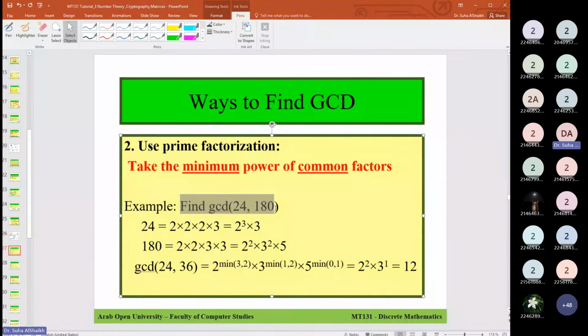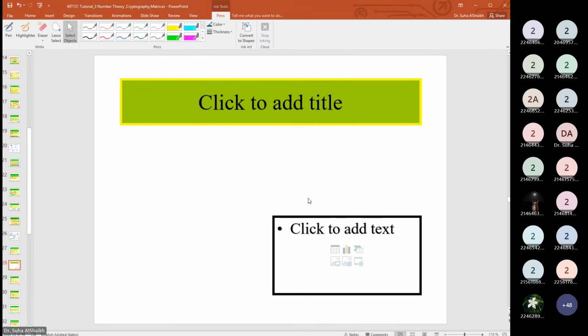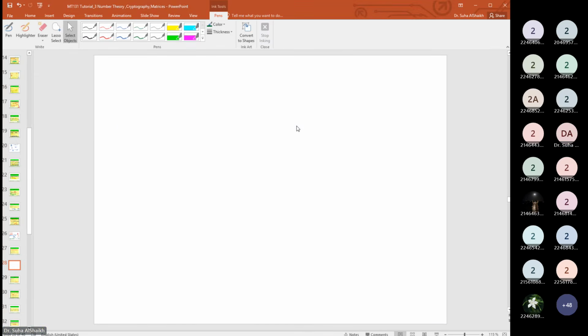Let's do it together. Find me the GCD between the 24 and the 180 here. Find me the GCD and the LCM as well. We're going to find it. So to find the GCD and the LCM, we need to prime factorize the 24 and prime factorize the 180.